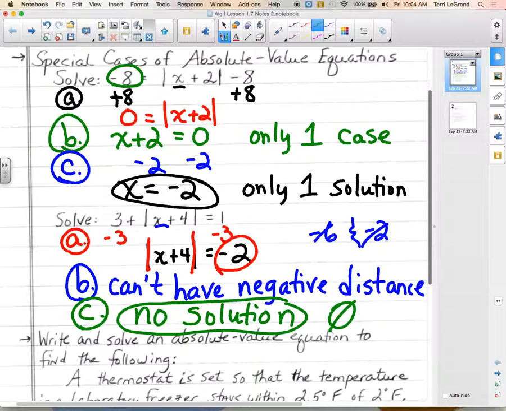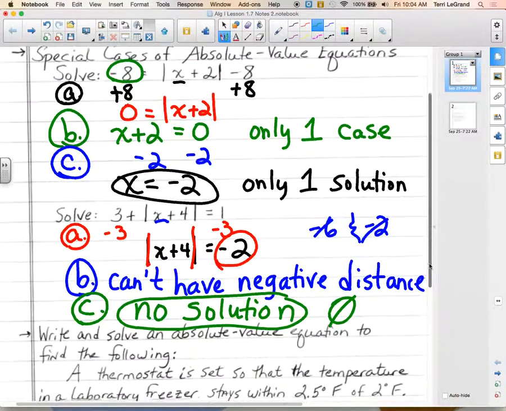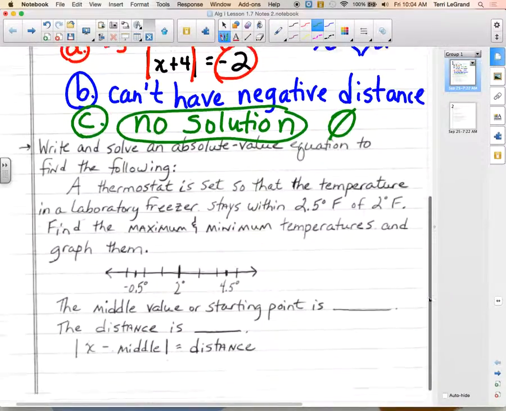We have to wait until the absolute value expression is isolated and then make that decision. So what are all the possibilities for solutions again? 2 solutions? 1 solution? No solution. Okay, and so you're going to have to look to see which situation.